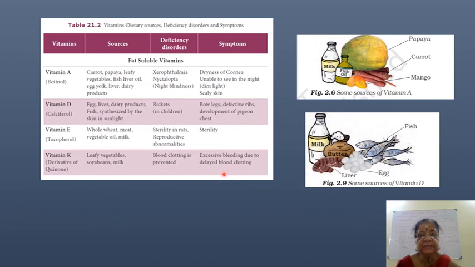Then excessive bleeding due to delayed blood clotting, that is in vitamin K. I have given some sources here. Sources of vitamin A: papaya, carrot, mango, milk, fish oil. Whereas animal sources of vitamin D are milk, butter, liver, non-vegetarian items, egg, fish. So vitamin A and D sources are given here. Okay.